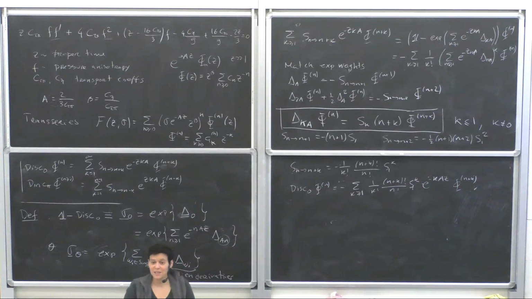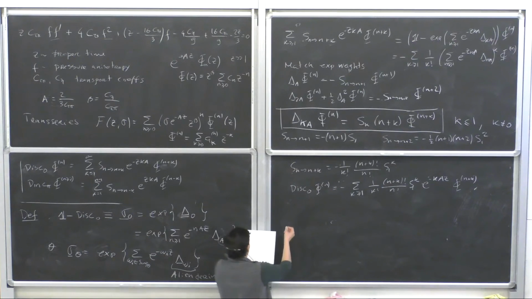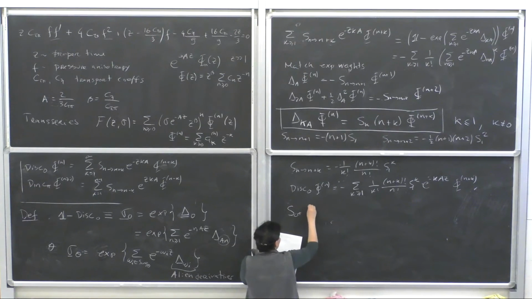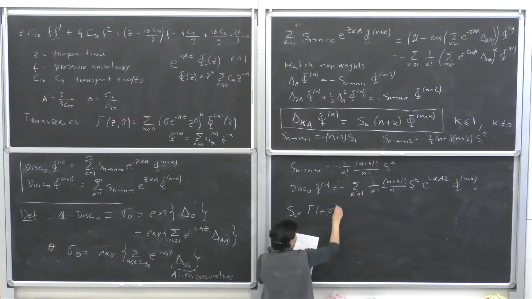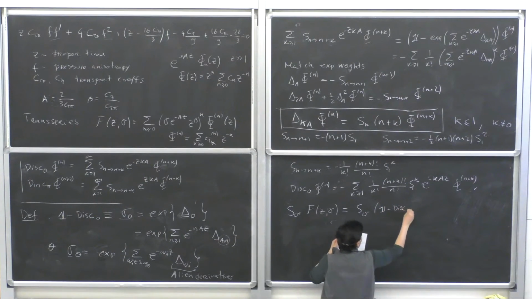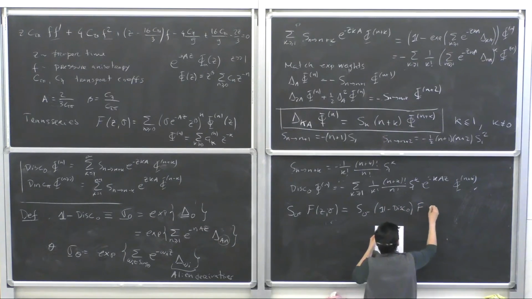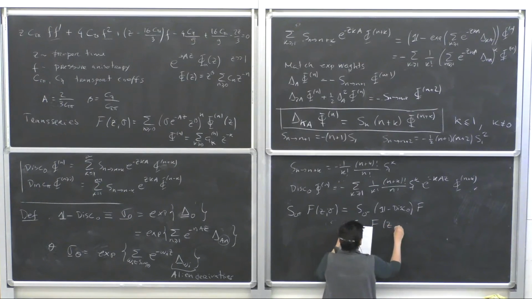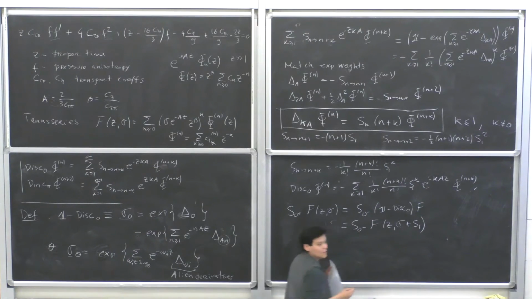And I leave it as an exercise that if you do this, then you can show that for the full trans series, the resummation above of f of z, sigma is equal to the resummation below of 1 minus the discontinuity of f, and this is S0 minus of f. Remember in the Airy function, across the Stokes line, what happened to the parameter sigma?